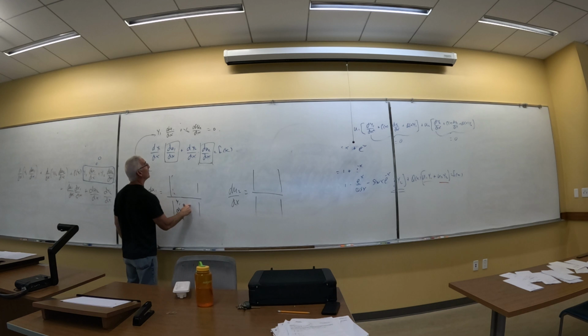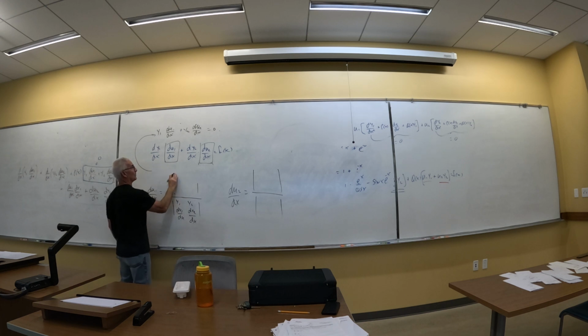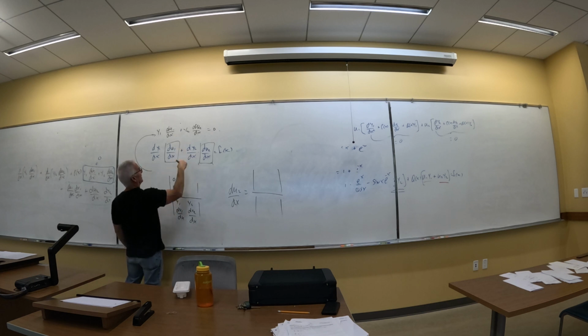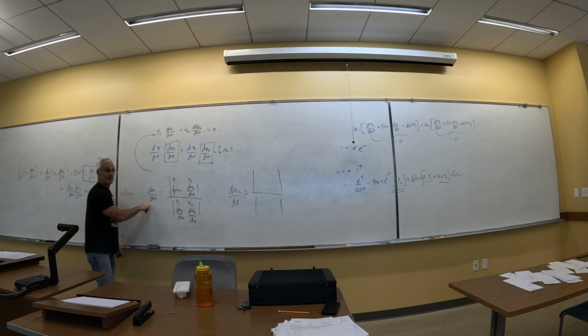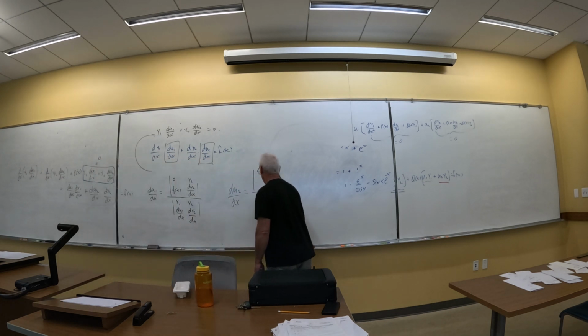And this will be what? y2, dy2/dx. And then here it will be 0, f(x). And on this side it'll be y2, dy2/dx. Everybody cool with that? Because that's the first one. Yeah. Same denominator.